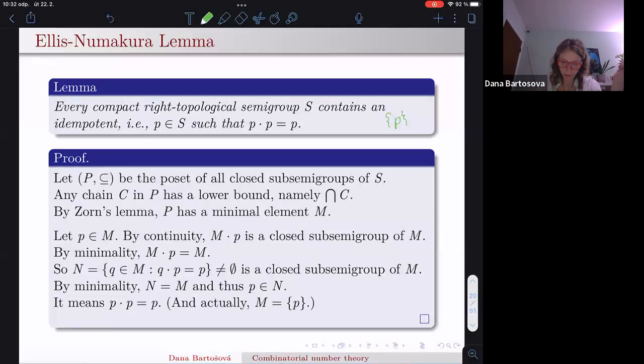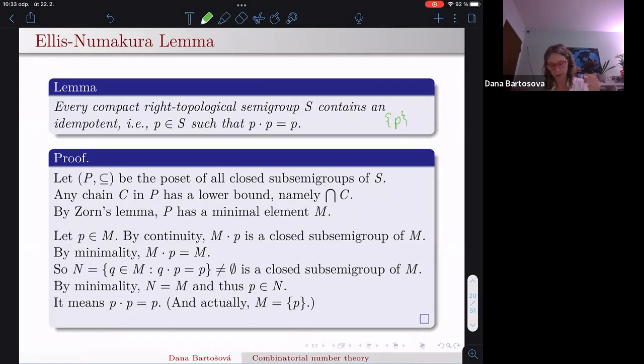So I will consider the poset of all closed subsemigroups of S, and I want a minimal element. So I'm going to consider any chain of closed subsemigroups. And then I claim that the intersection is a lower bound. Well, if the intersection is non-empty, then of course it is closed under the operation, because that's a finitary thing.